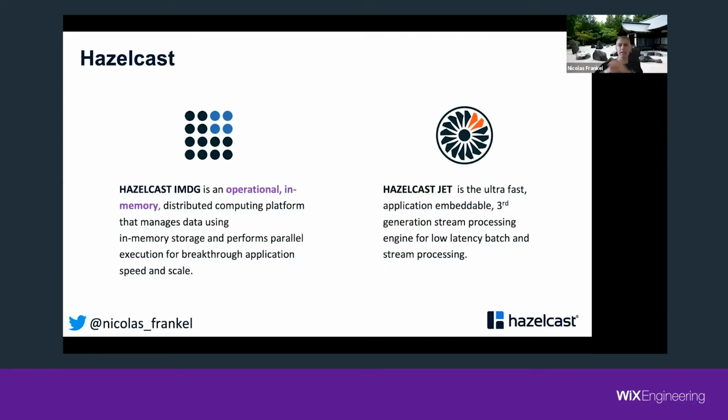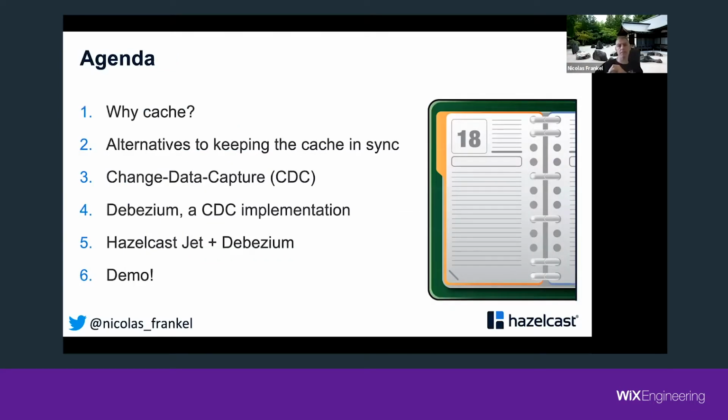So the agenda today is the following, probably caching. So why do we cache? What alternatives do we have to keep the cache in sync? Because you might know that there are a lot of hard things in computer science, but mainly you will find that cache eviction is one of them.